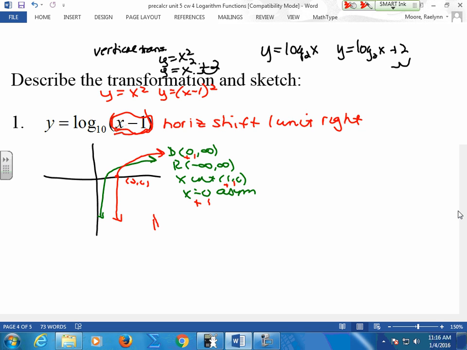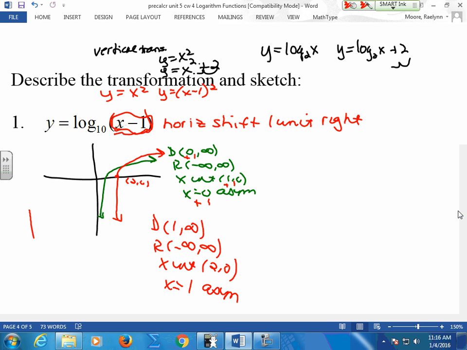So my new domain will be 1 to infinity. My range is not affected here. My new x-intercept will be (2, 0). And my new asymptote will be x equals 1.